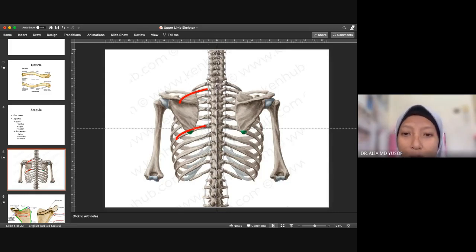So thoracic vertebra number 1, rib number 1. Number 2, rib number 2. Thoracic 3, rib 3, 4, 5, 6, 7, 8, 9, 10, 11 and 12. Macam tu. Nampak tak kedudukan dia dalam gambar ni?